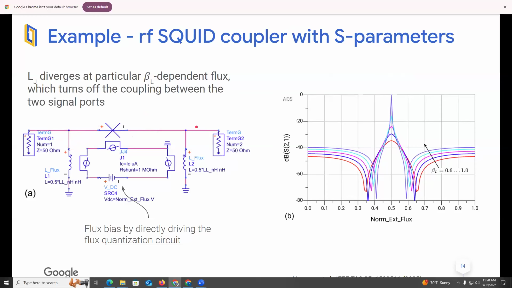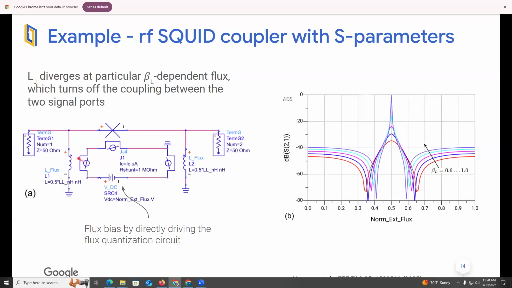So there's a port here and a port here. If that inductance is infinite, there's no coupling between them. Again, we can write down the flux quantization condition and connect the dots with the correct polarity. Here we can introduce flux bias directly as a voltage source on the flux loop. So that's another useful trick.